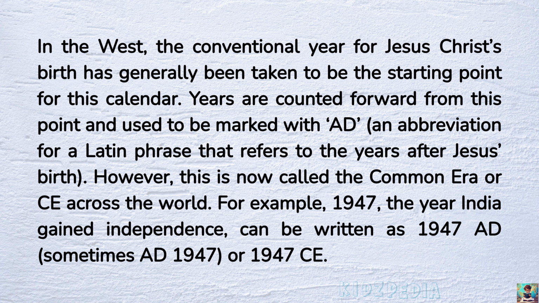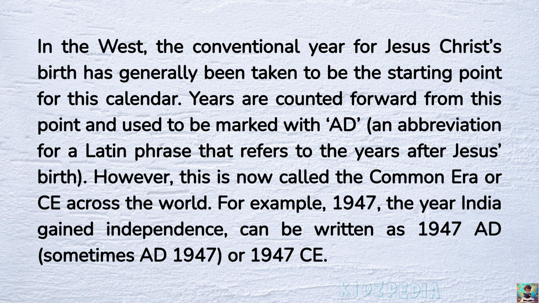However, this is now called the Common Era or CE across the world. For example, 1947, the year India gained independence, can be written as 1947 AD, sometimes AD 1947, or 1947 CE.